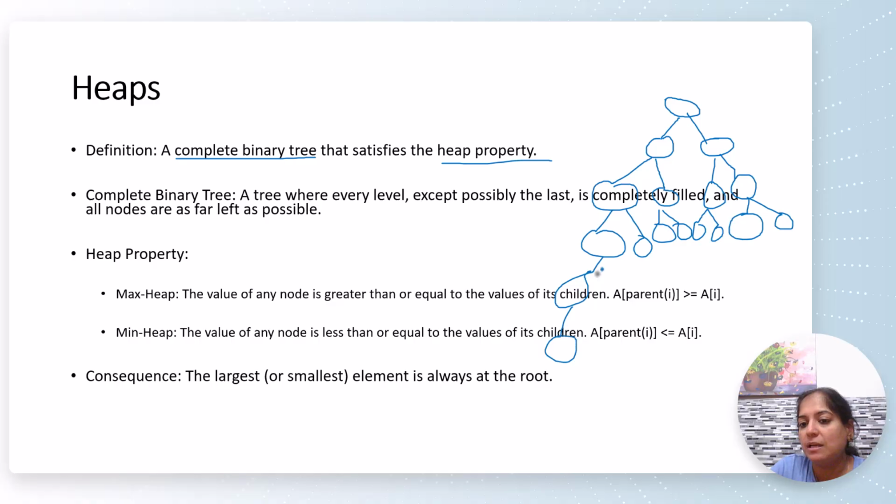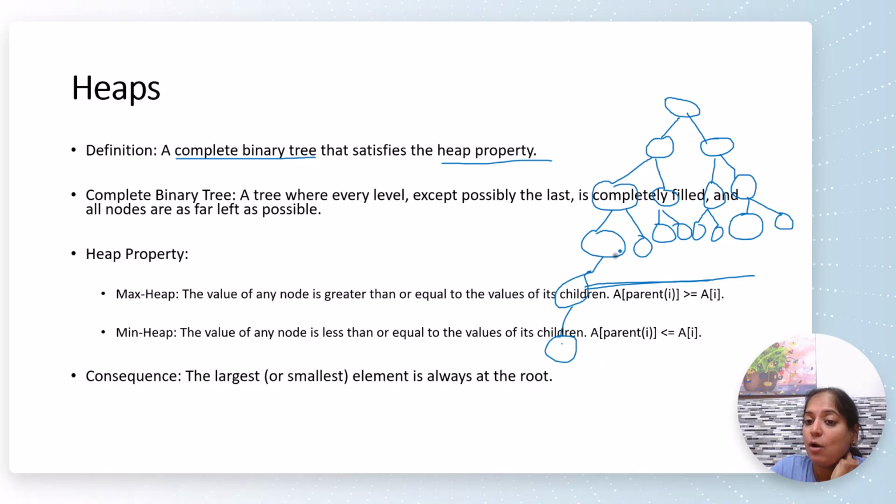If we draw it something like this, now you see here, this level is not completely filled, and we are inserting the elements at the next level. So this is not a complete binary tree. In a complete binary tree, each level should be completely filled, only then can you move on to the next level.